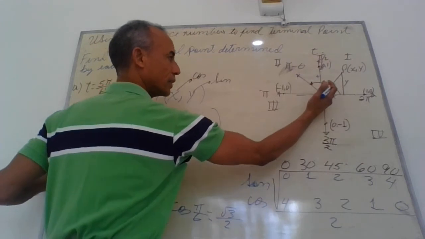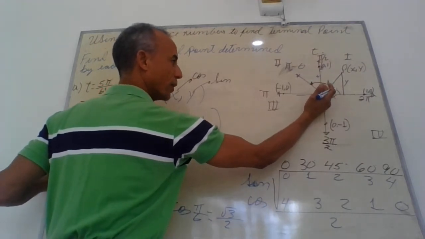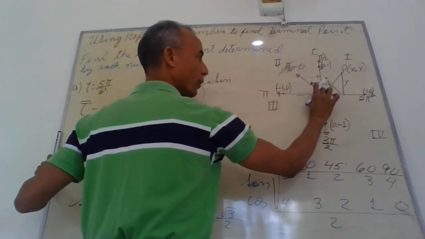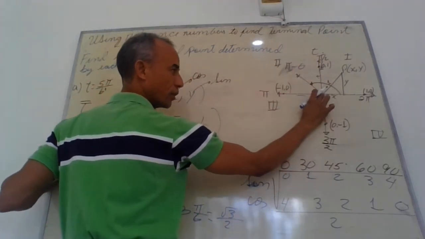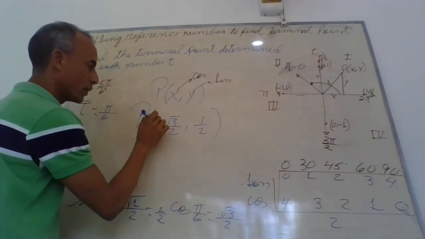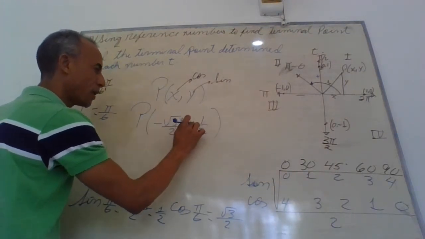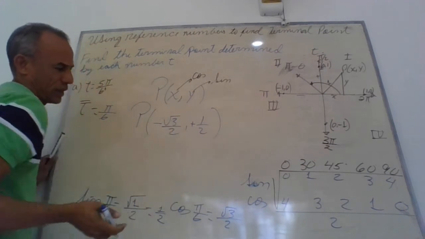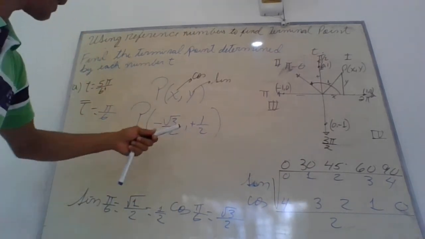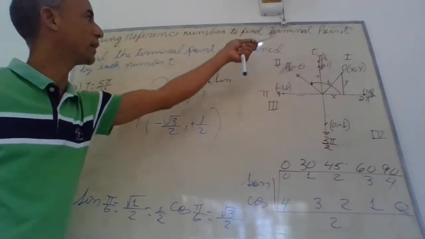It is negative because it's from the region to the left. That's why x is negative. But y is positive because it's from the region up. So I'm going to write down here: this is negative and this is positive. That's our first example. Okay, we got it. That's what we need, we need to find the terminal point.